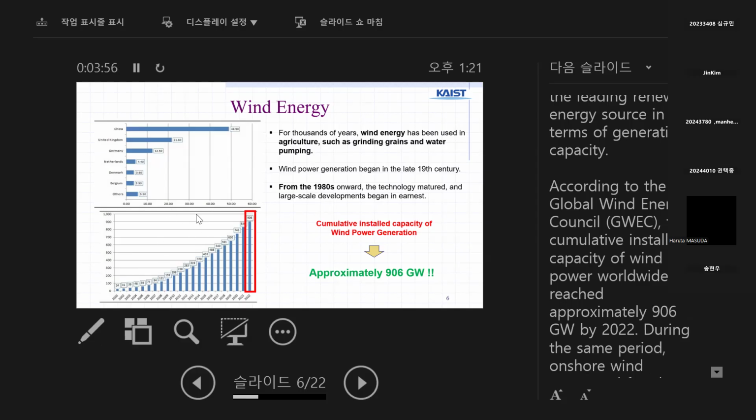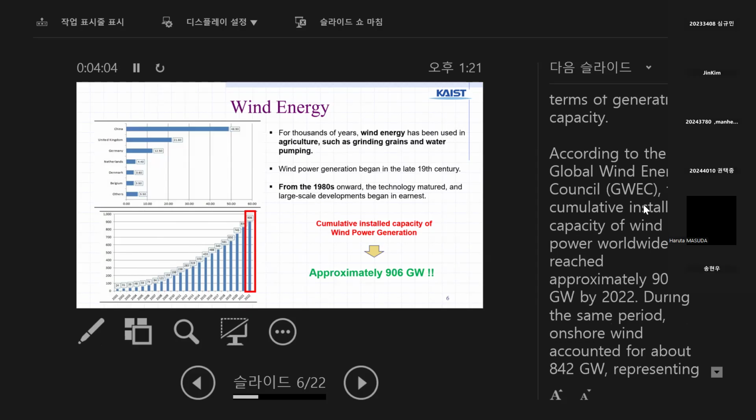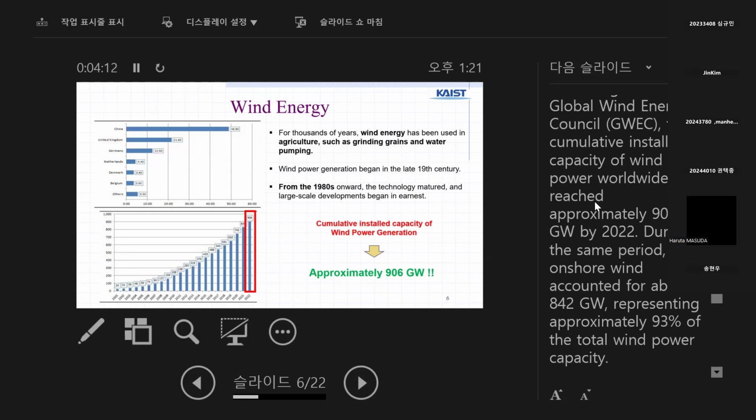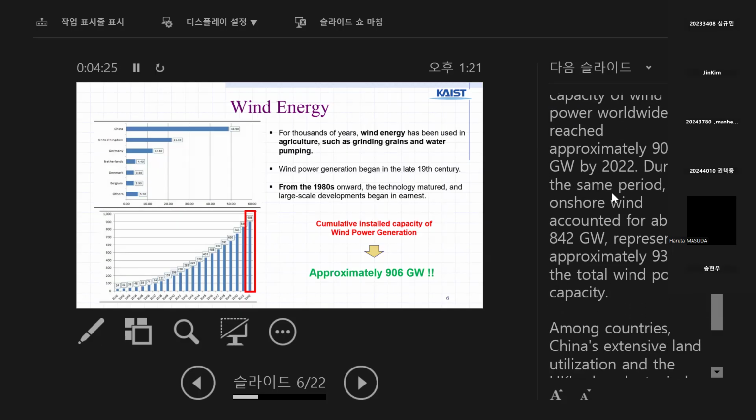This graph is from the Global Wind Energy Council. According to this graph, the cumulative installed capacity of wind power generation reached approximately 906 gigawatts by 2022. During the same period, onshore wind turbines accounted for about 842 gigawatts, representing approximately 93% of the total wind power generation.